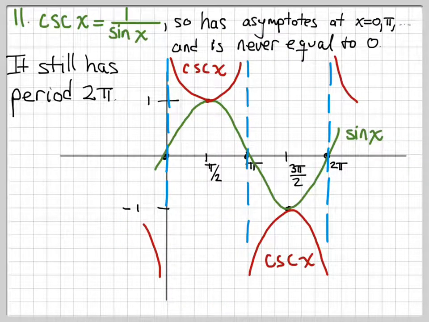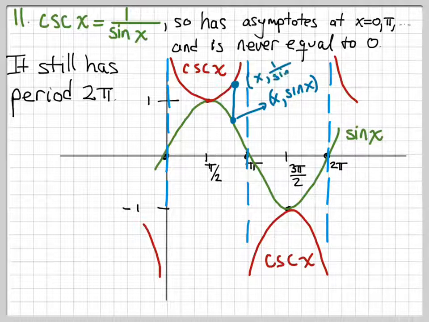Lastly, cosecant and secant. The way you graph cosecant and secant is you graph sine and cosine first, and you imagine taking whatever value. So you pick an x, and this is sine of x, and the way you get up here is by taking 1 over sine of x.